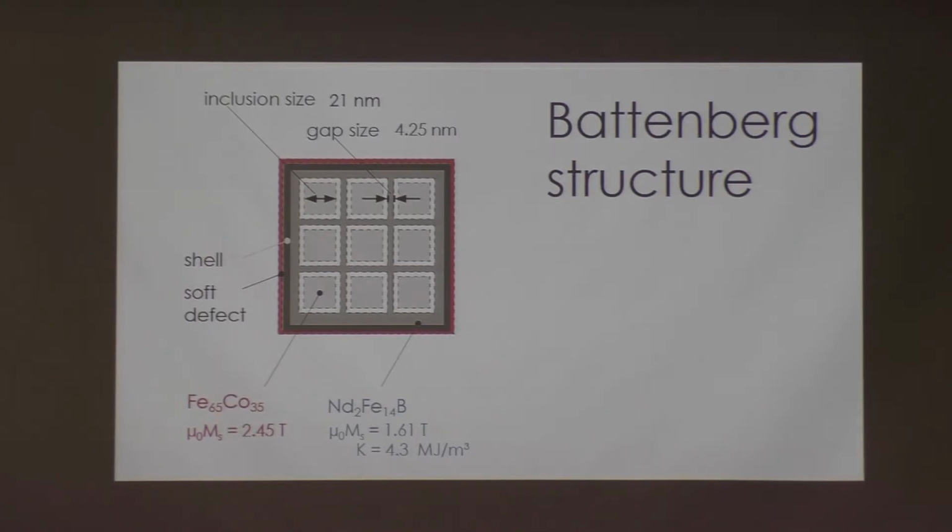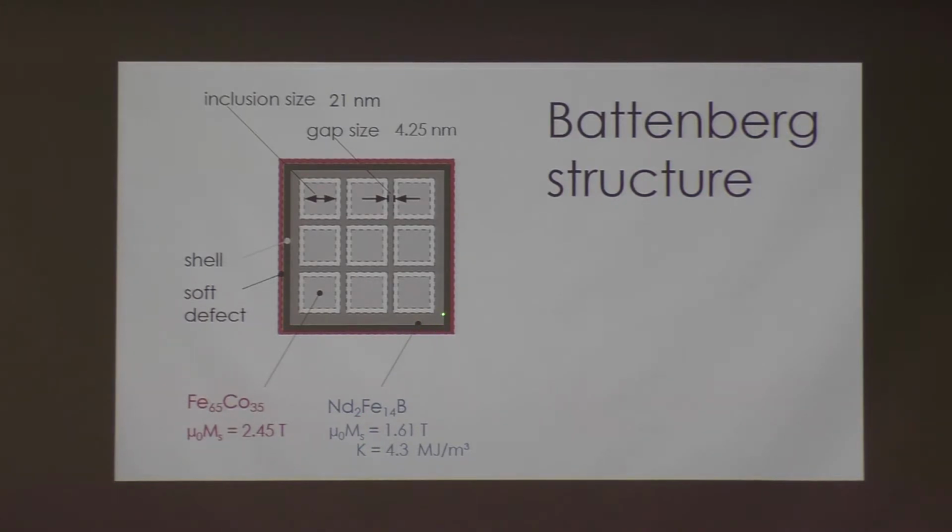Okay, let's look at the structure again. So we have some soft inclusions, and we used iron cobalt as the soft magnetic phase. Then in between the soft inclusions, we have a thickness of around 4 nanometers of the hard magnetic phase. And the hard magnetic phase was neodymium iron boron.